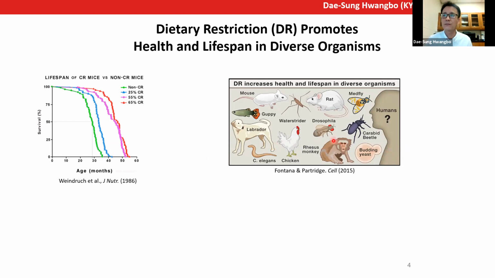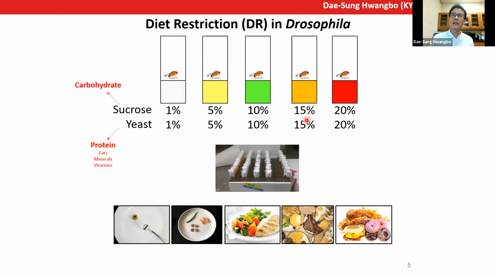So with my organism, Drosophila, how do we do the experiment? It's relatively simple. Here, we make a semi-defined diet or media, you can say. Major components are sucrose and yeast. Sucrose is the carbohydrate source. Yeast is mainly protein, and you have some fats and minerals and vitamins mixed together. So you can make serial dilutions from 20%, 15%, 10%, 5%, 1% like this.